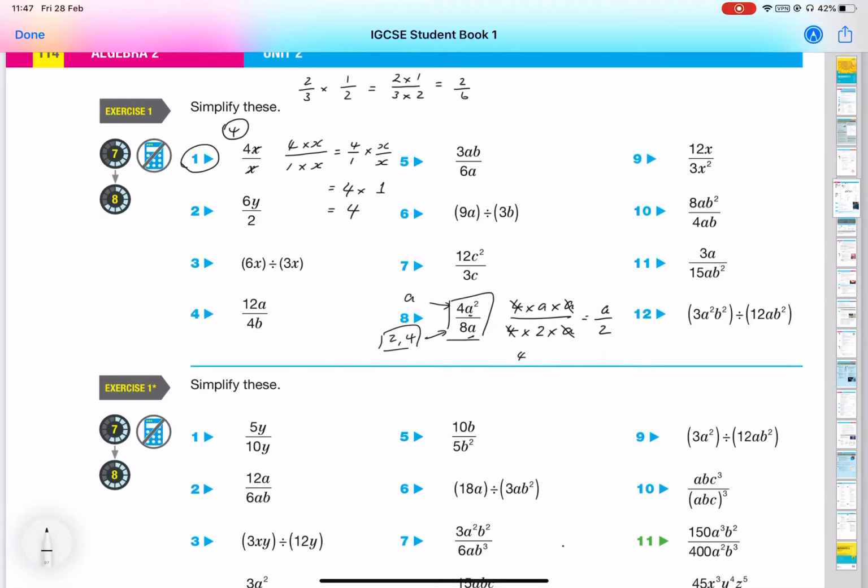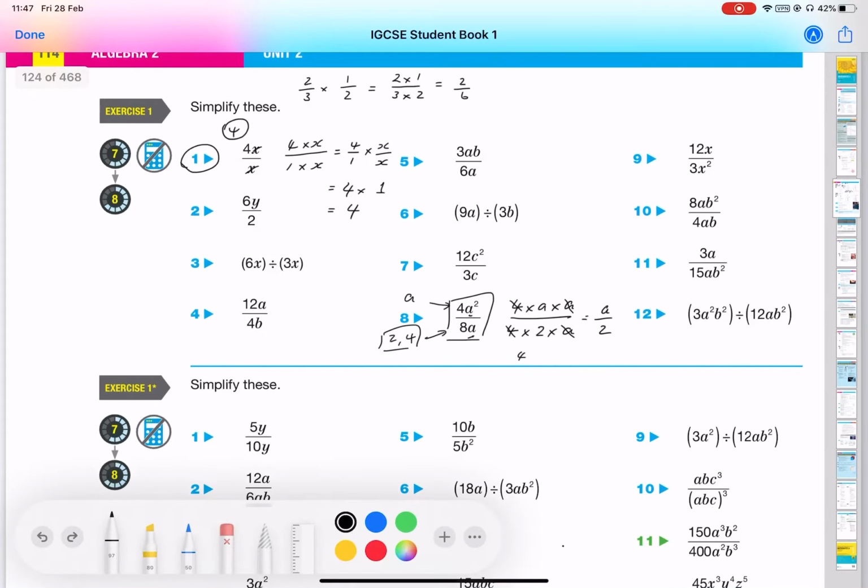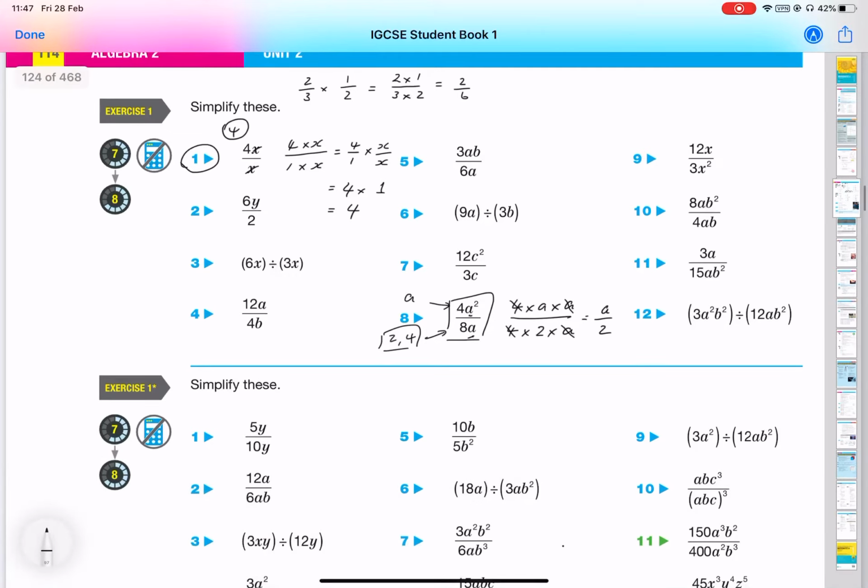If I take 4a squared over 8a, I can see that 2 is a common factor of 4a squared and 8a.